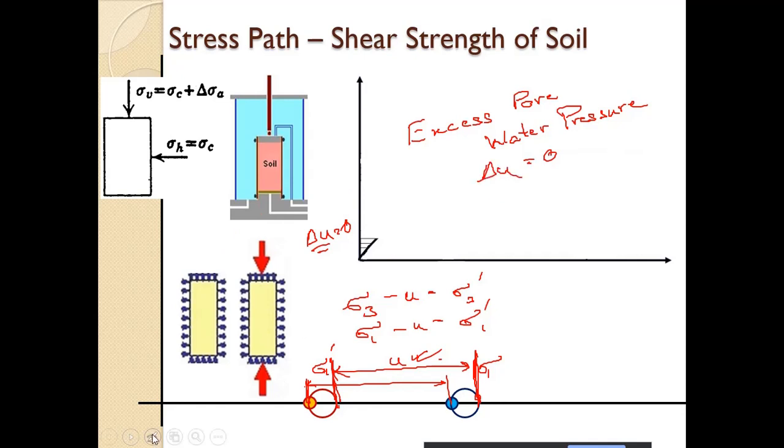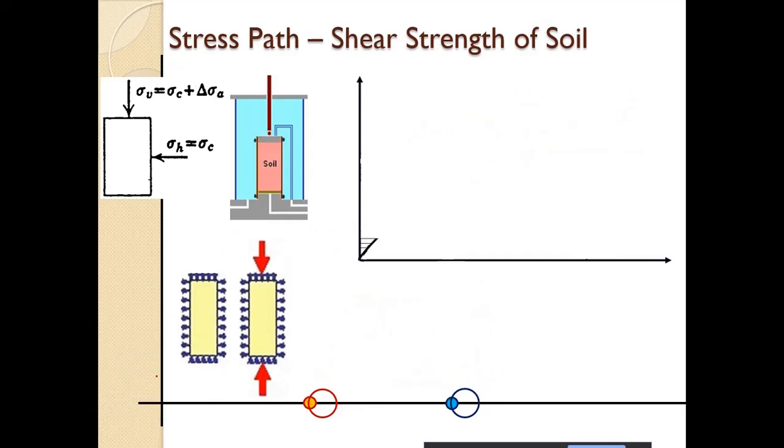Okay, so as we go on increasing the deviatoric stress, axial strain will occur, so the soil will get compressed. So that means the soil is moved up, and when it is moved up, it is applying force onto the proving ring. The proving ring is also getting a little bit compressed, and it is applying the same amount of load onto the soil.